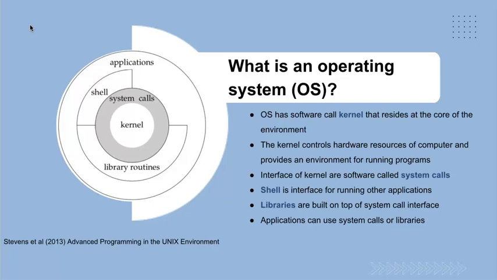The first one is to directly use the system calls. The more common way is to actually use libraries. This is because libraries are more efficient, they're more portable, and it also allows us to abstract the detail of a system call so that we can focus more on building the actual applications that we're interested in.